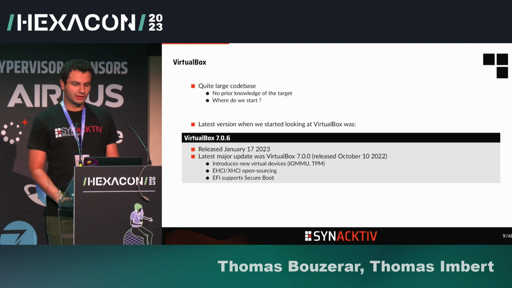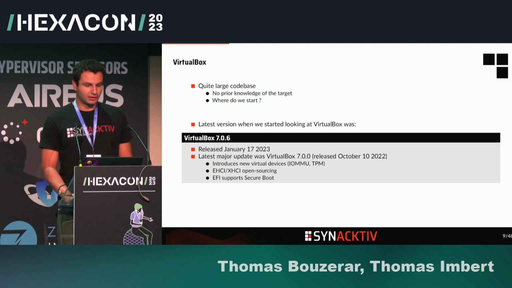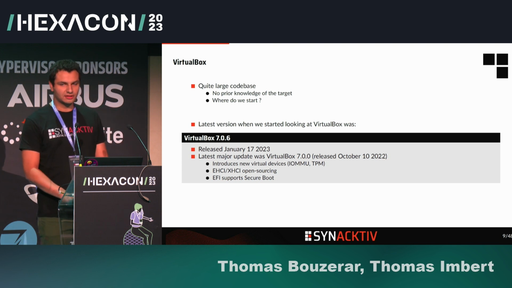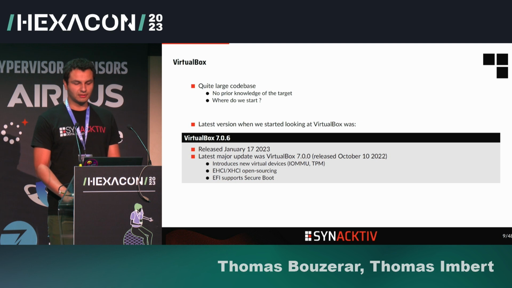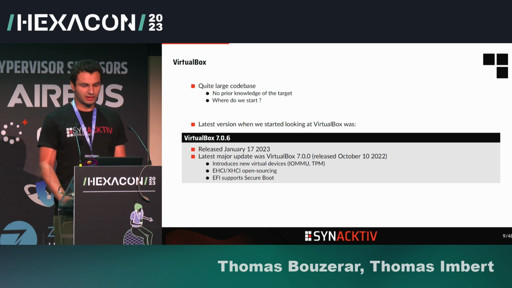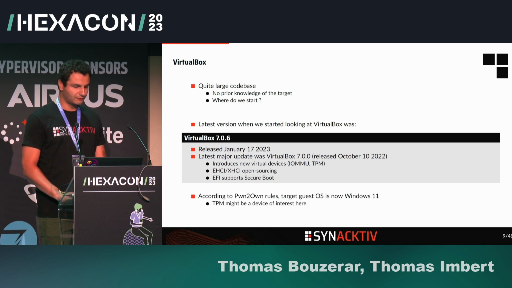The previous latest major update was version 7.0.0, and it introduced a few new virtual devices, such as IOMMU and virtual TPM. It also open sourced additional modules, such as EHCI and XHCI, and added support for secure boot for EFI systems.